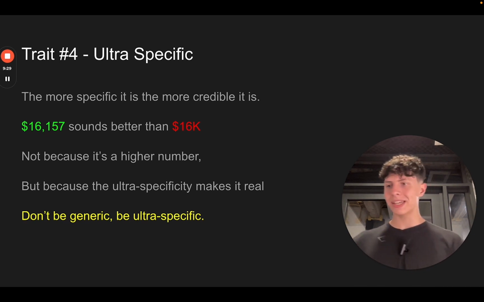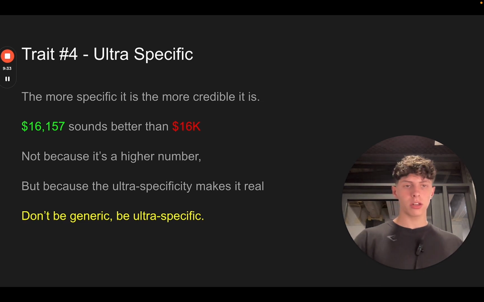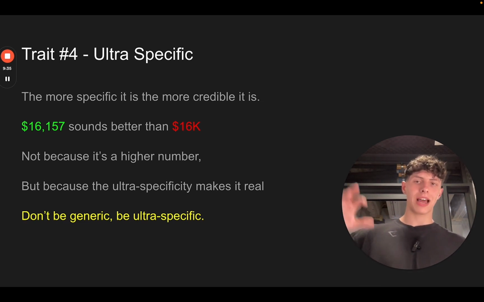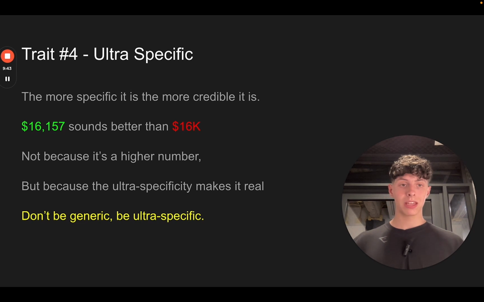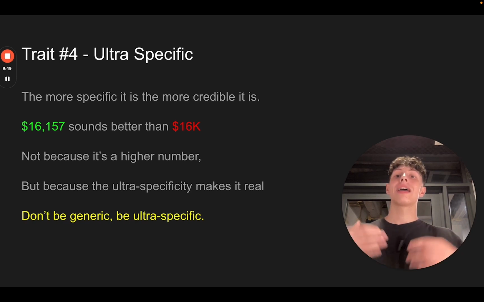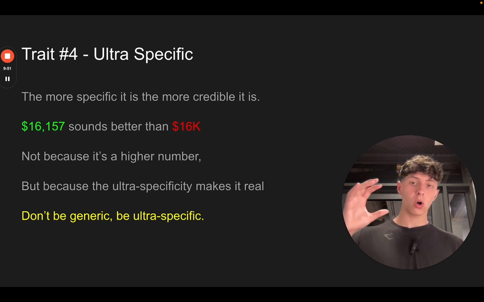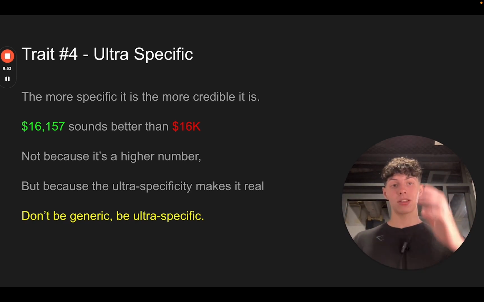If we say, how I made 16K in 2 hours, it sounds much less real than how I made $16,157 in 2 hours. Or how I made $16,157 in an hour and 53 minutes. How more credible does that sound? A lot.